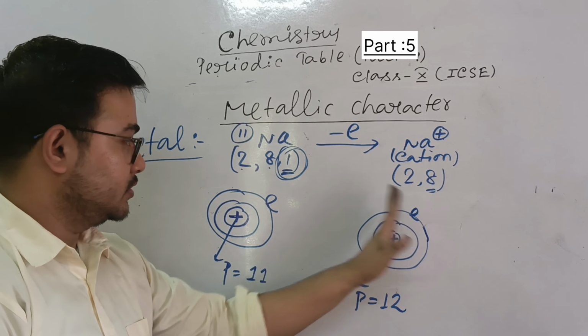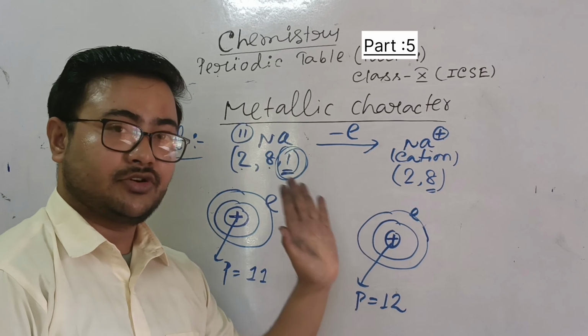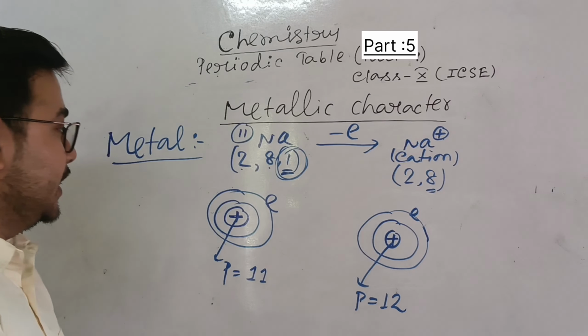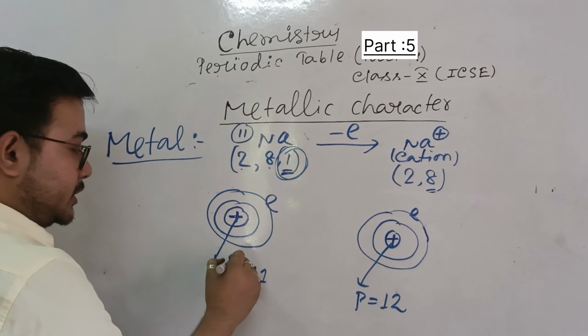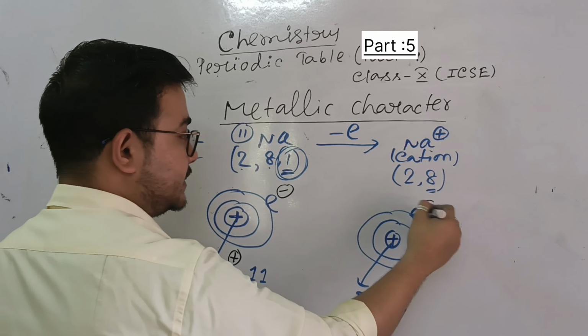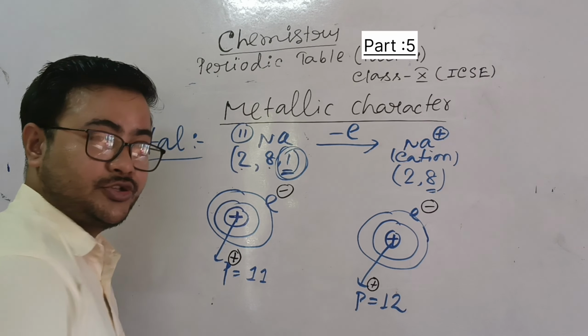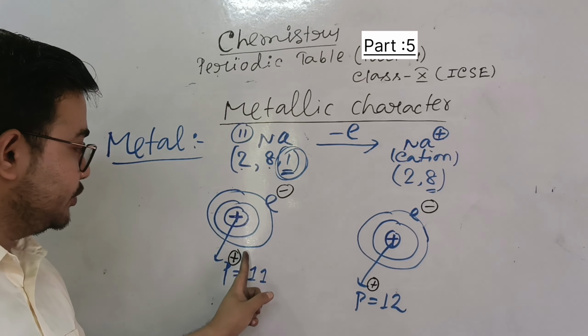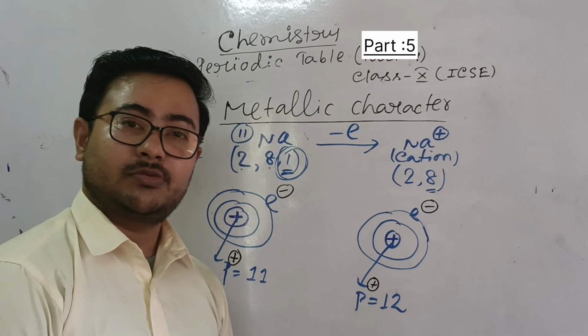In the outermost shell, consider only one electron present. Now all of you know proton is positively charged and electron is negatively charged, so there will be an attraction between positive and negative. Here also positive and negative.